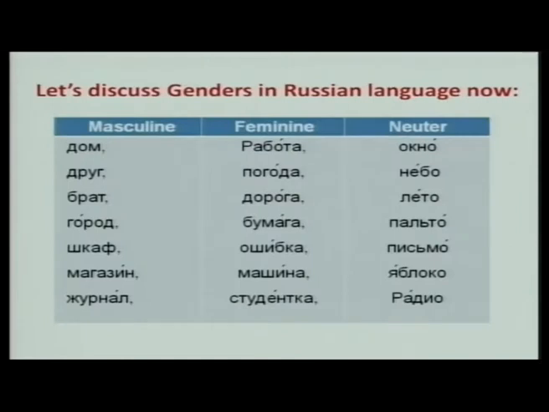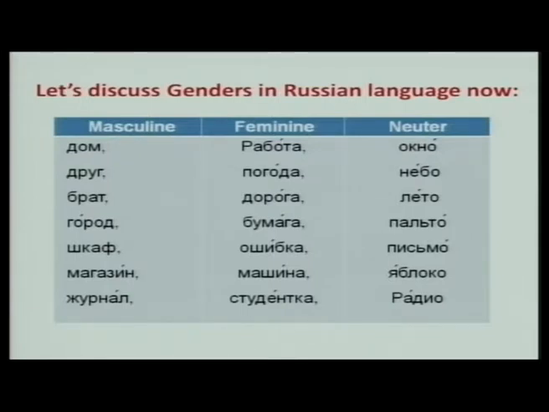Now let's learn the gender of nouns. Like we have discussed earlier in the lessons, in Russian we have three genders: masculine, feminine and neuter, and accordingly all nouns have been classified. The fundamental rule is that whenever a noun is ending with a hard consonant, it is of masculine gender.